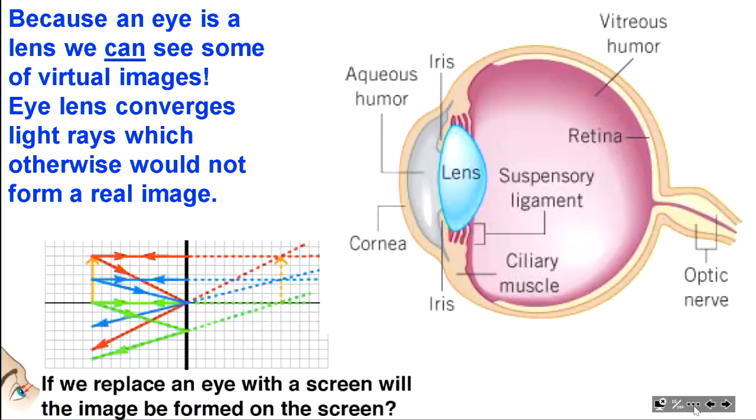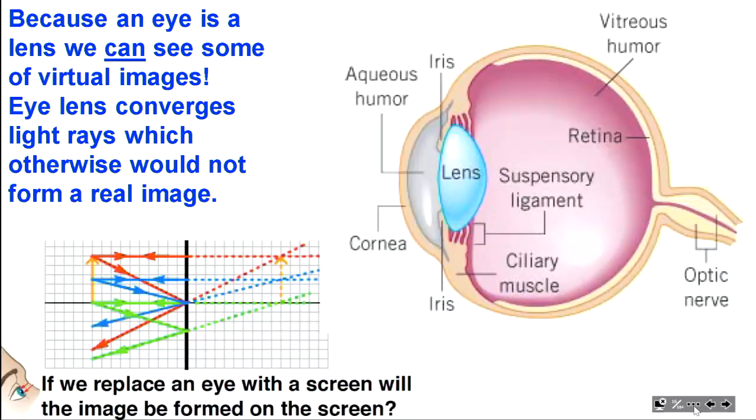Our eye is an optical device. And when we talk about vision, we always involve 2 devices, at least. Even if we use a looking glass, that's the first lens, and that's the second.